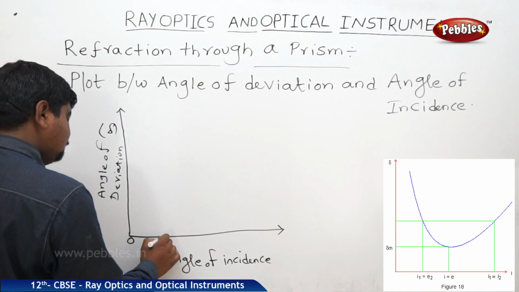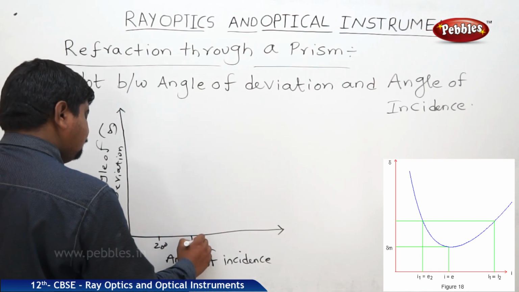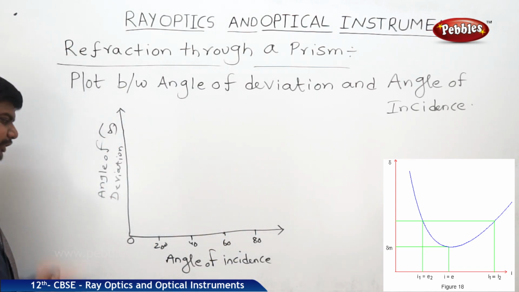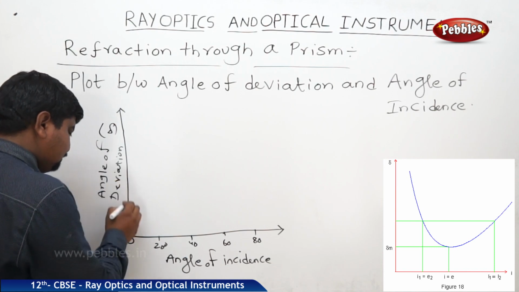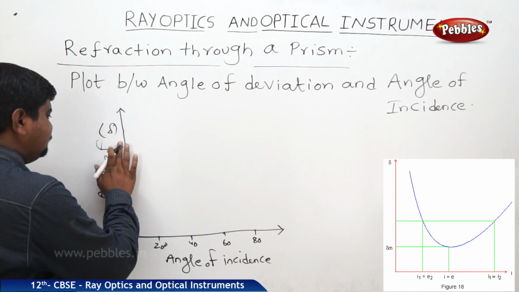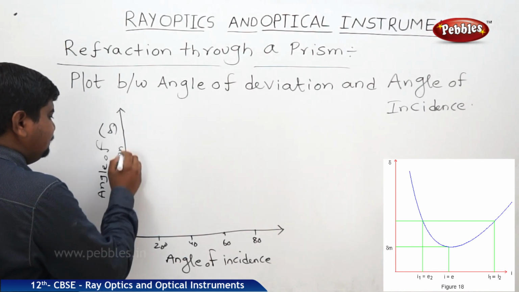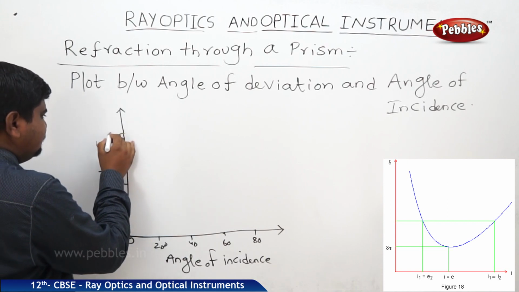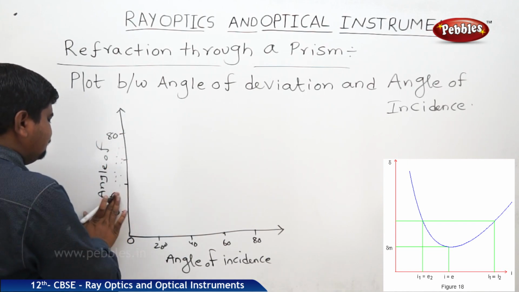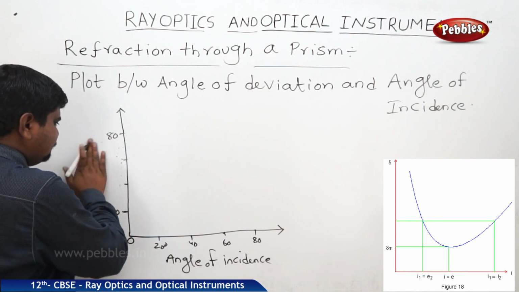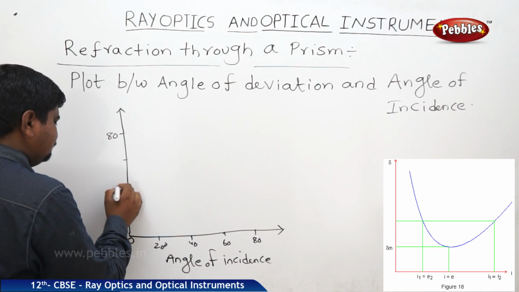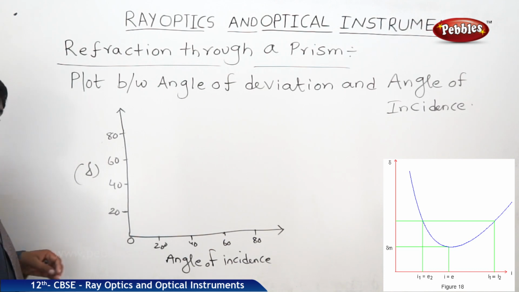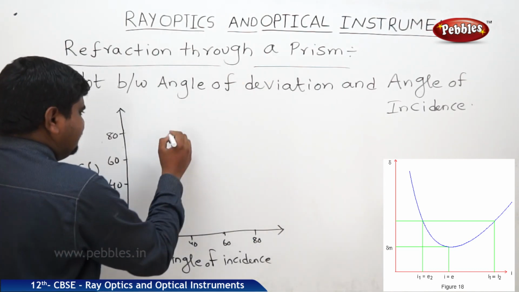So it is 0, 20 degrees, 40, 60, 80. Now here also we can take 20, 40, 60, 80. This is delta, the angle of deviation. So what we can understand from this graph, you will get a graph structure like this.